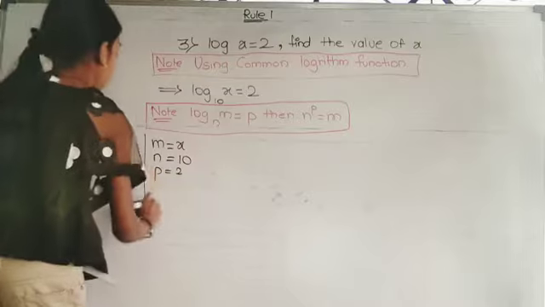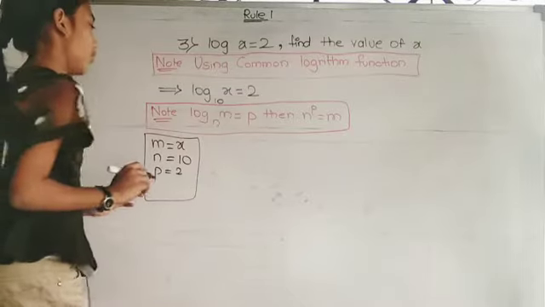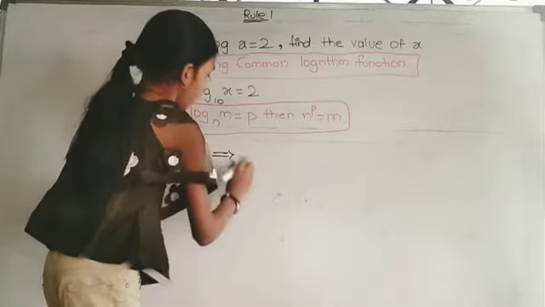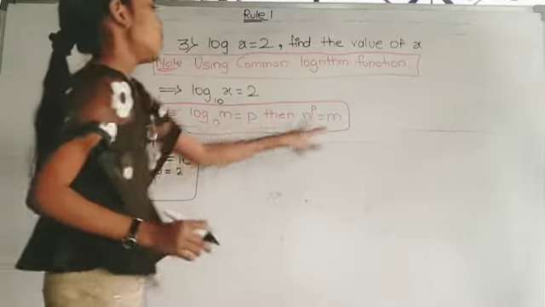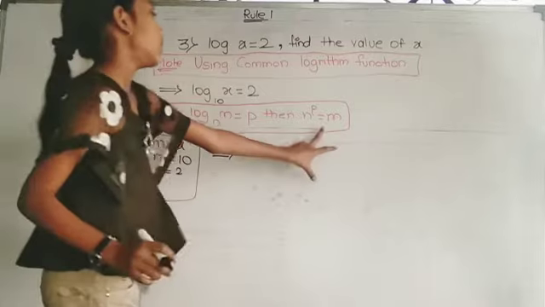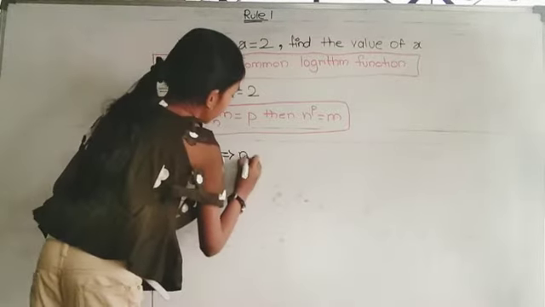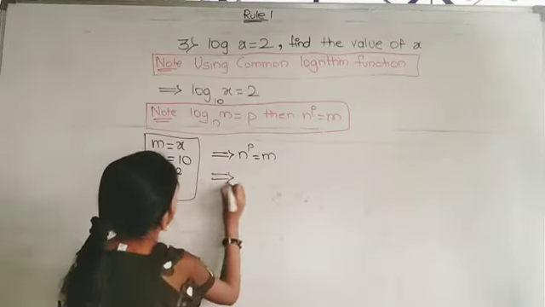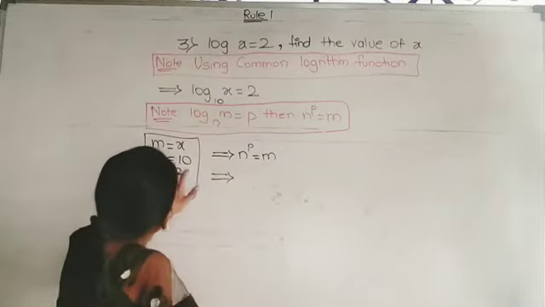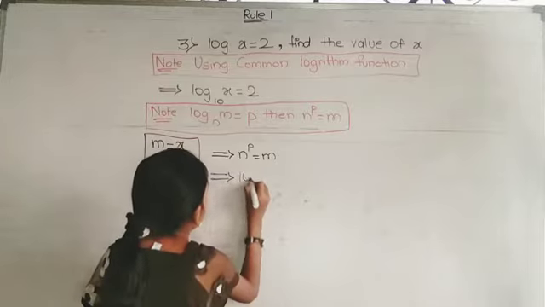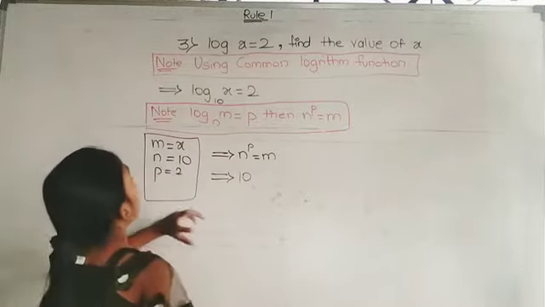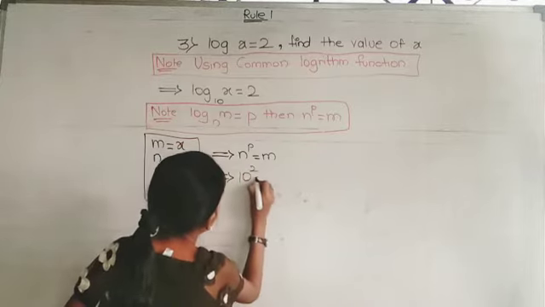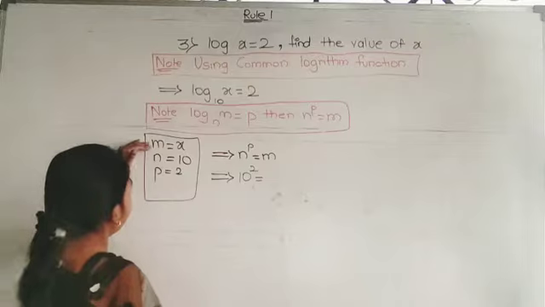Now we are going to write this into the simple form. So as we convert this into this, we will convert this into this similar form. So n raised to p is equal to m. n value is equal to 10, so 10 raised to p, and p value is 2, so raised to 2 is equal to m value, which is x.